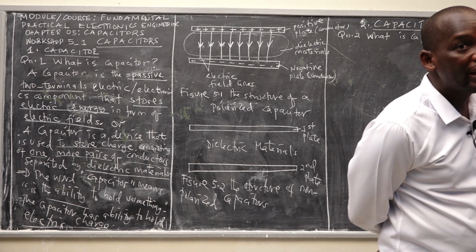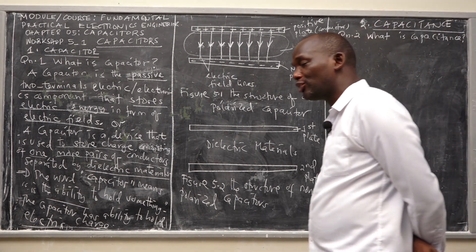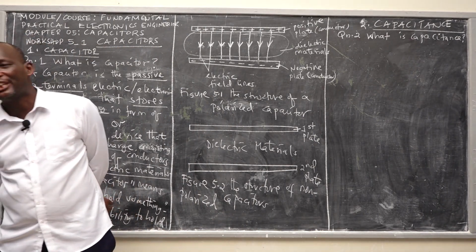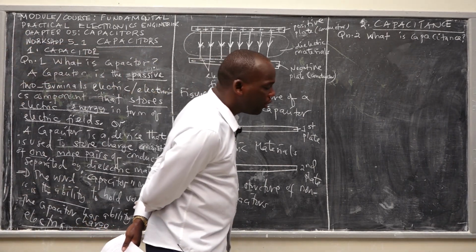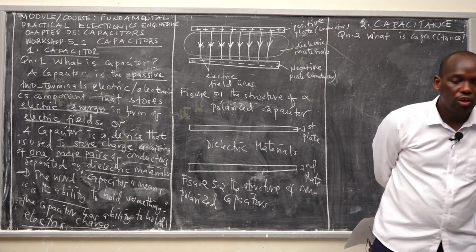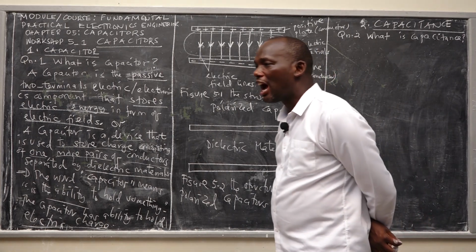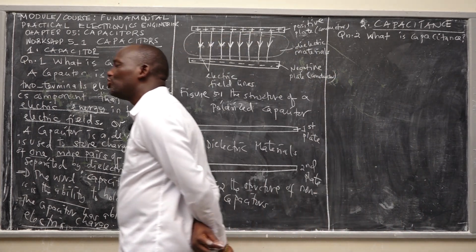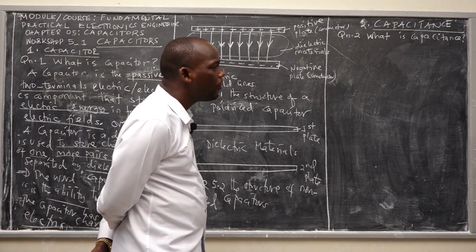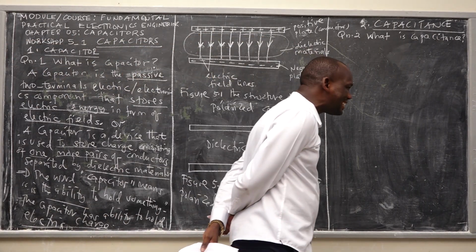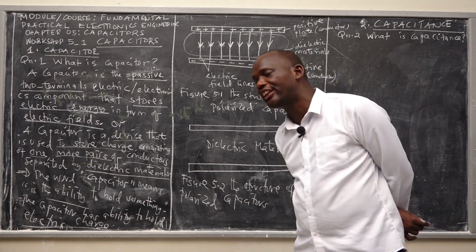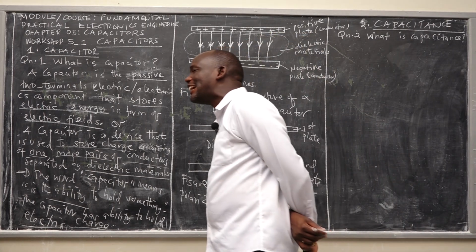Are we together? And as I taught you in resistor, I told you that you have to master, as electronics and telecommunication technicians or engineers, or as mechatronics and computer technicians or engineers, or as electrical or biomedical technicians or engineers, or as telecommunication or communication engineers or technicians, three discrete electronics components that we call resistor, capacitor, and inductor.